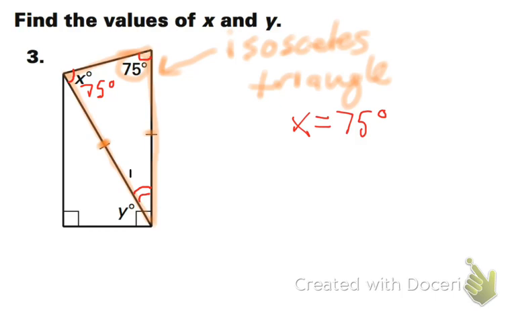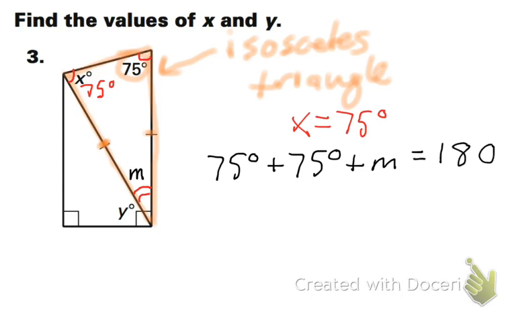Maybe I'll call it angle m. And that would mean that 75 degrees plus 75 degrees plus however many degrees this angle down here is in the isosceles triangle, those are going to add up to 180 degrees. And the reason I know that is because every single triangle in the world, the three angles of the triangle will add up to 180 degrees. It's not possible for them to add up to anything else except 180 degrees.